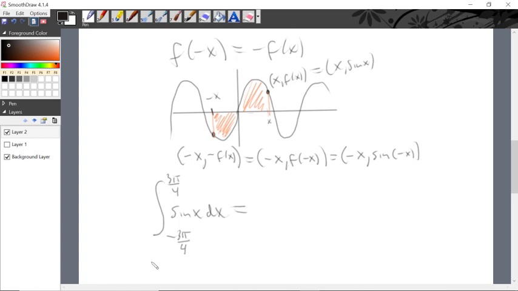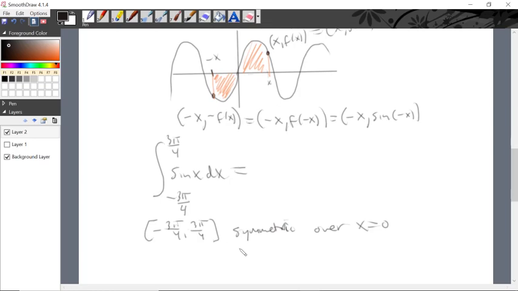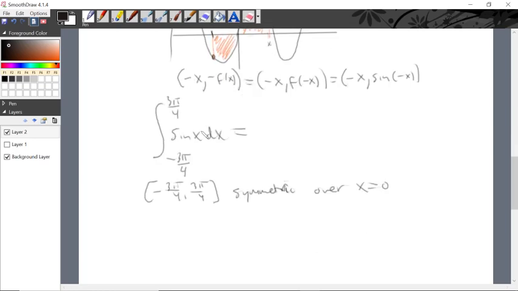So we have an interval from negative 3 pi over 4 to positive 3 pi over 4, and that is, again, symmetric over the value where x is equal to 0, so it goes as far to the left as it goes to the right. And the function f of x equals sine of x is an odd function, so this is just going to equal 0, and we're done.